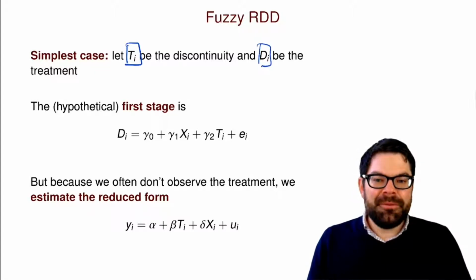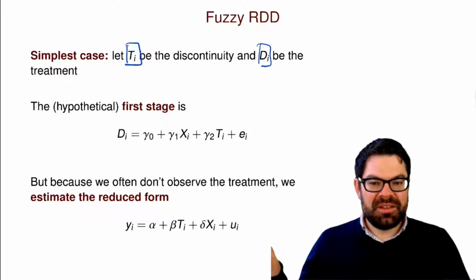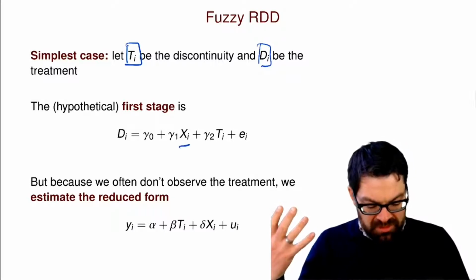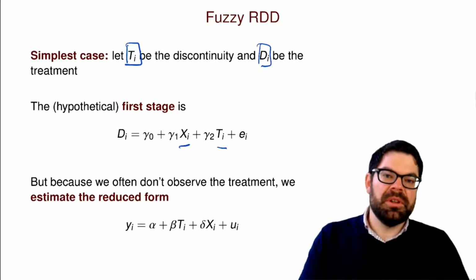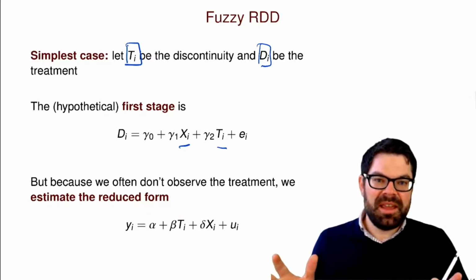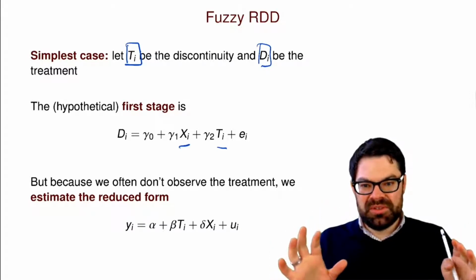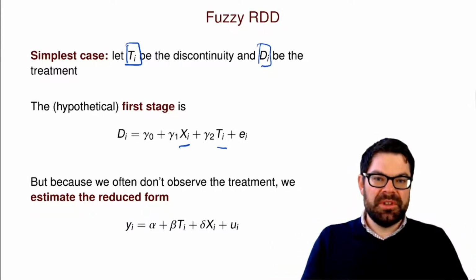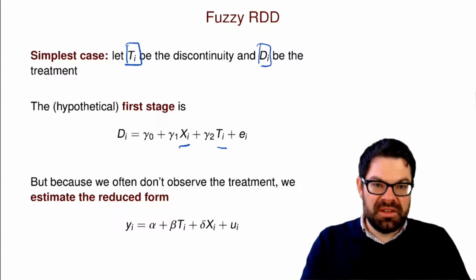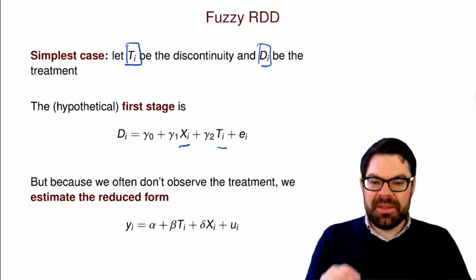We have an often hypothetical first stage, which is that the treatment is a function of observable characteristics and the discontinuity, whether you're above or below. I write hypothetical because in many applications, we either don't observe the actual treatment status, or the actual treatment status is not that interesting. Again, that is very different from most standard IV applications.